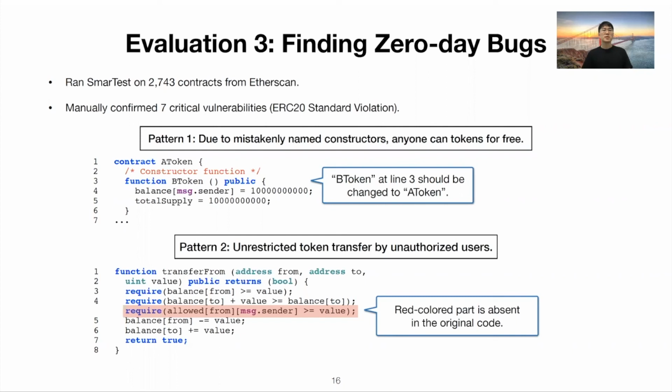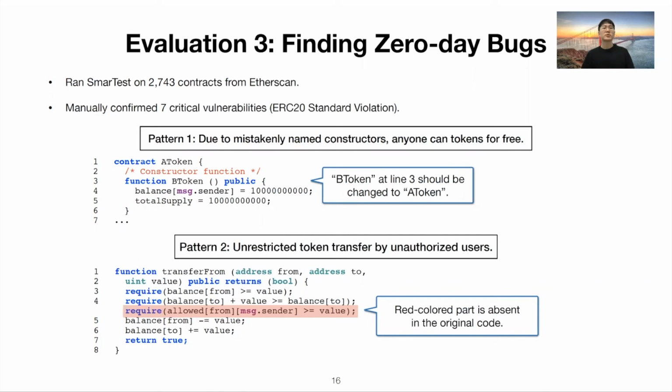Here, since the names are different, bToken is not a constructor function. As a result, bToken function can be invoked by anyone at any time, allowing anyone to have tokens for free. Based on the comment at line 2, we conjecture that the developers mistakenly named the function.